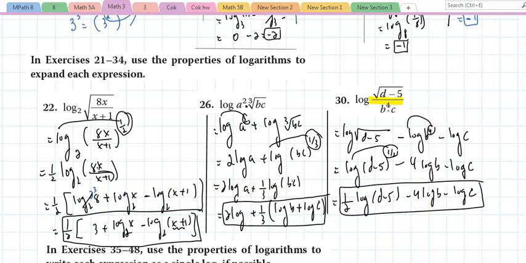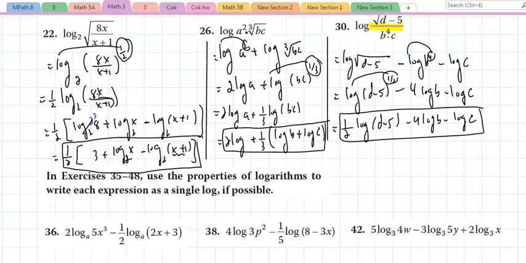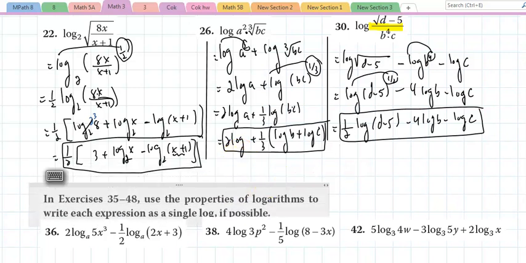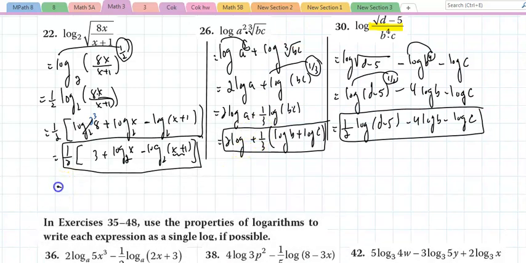Now I am going to add, I said you could leave it as is or you could expand it a bit. I am going to expand it a bit, just to make sure when you look at the back of the book, you're getting the same answer. So you could write 3/2 if you distribute the 1/2 in. Again, you don't have to, I really don't mind, but I think the book does.